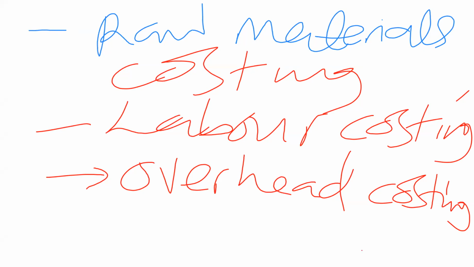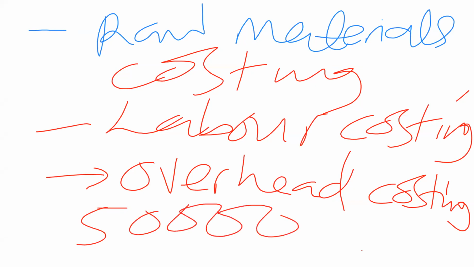Let's say they are paying 50,000 per month as rentals. So what we'll be interested in knowing under overhead costing is, these rentals, how can we apportion them to various schools within Unza? Because it will just come as one amount.